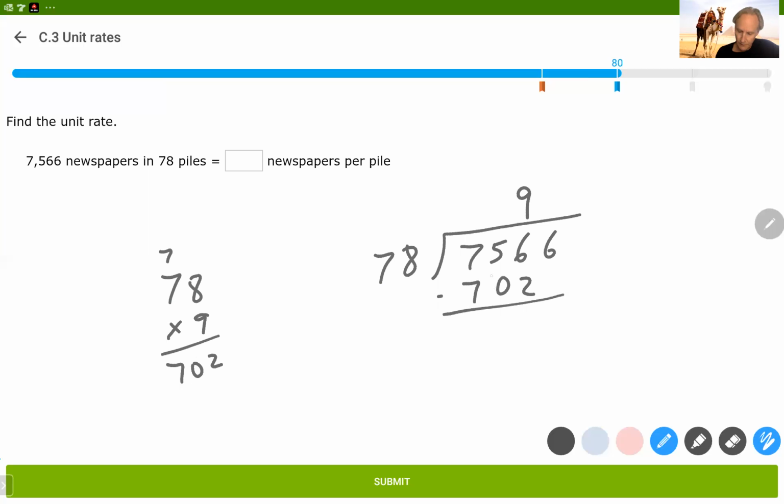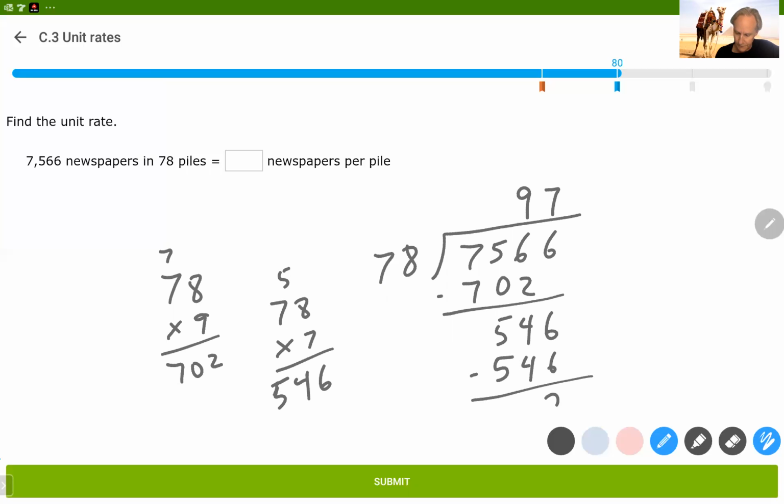And we subtract, and we have 546. And 7 is going to go into 546 7 times. And if I multiply by 7, that's 6, carry the 5, which is 546. 0 remainder.